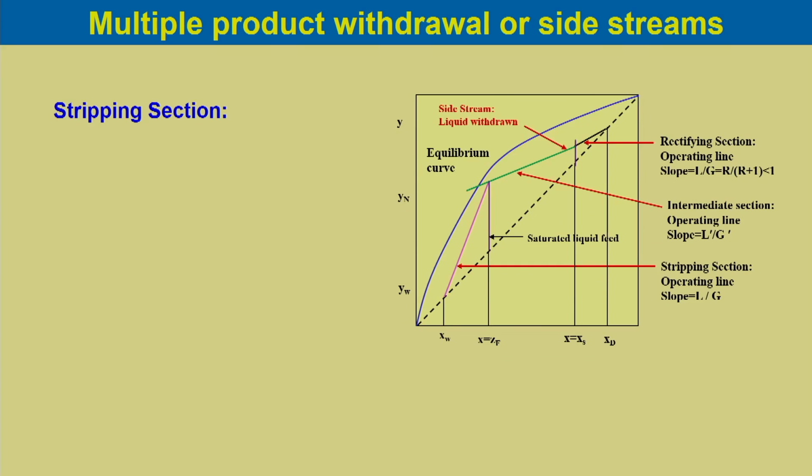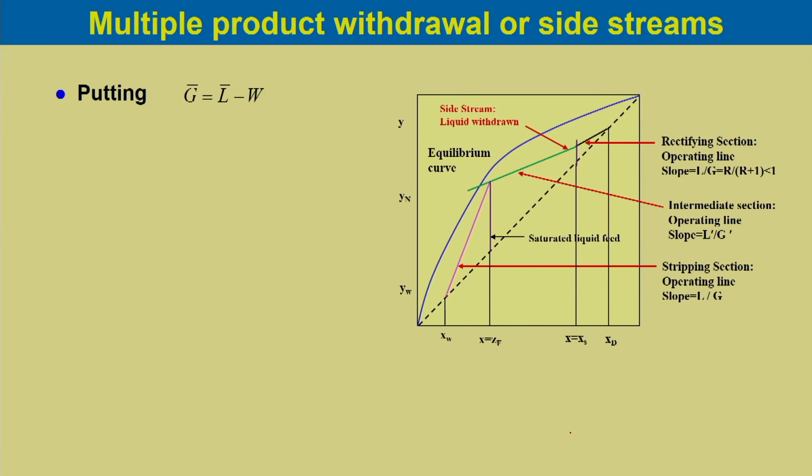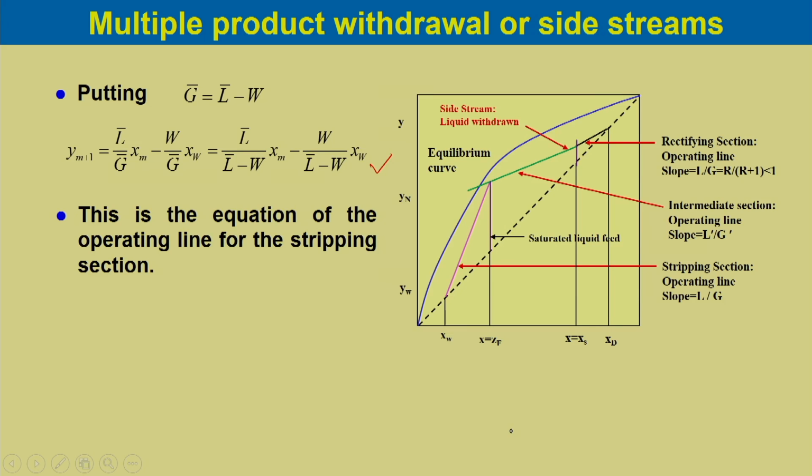Now, if we consider the stripping section with constant molar overflow assumption, the material balance for component A over an envelope, we can write L bar into x m would be equal to G bar y m plus 1 plus W x W. Putting G bar equal to L bar minus W from the overall material balance in the stripping section, we can write y m plus 1 would be equal to L bar by L bar minus W into x m minus W by L bar minus W into x W. So, this is the stripping section operating line equation, and it has slope L bar by L bar minus W as usual.